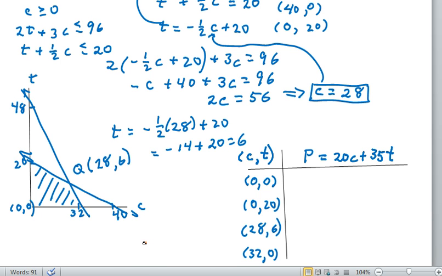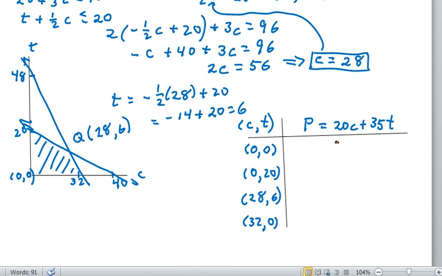So at 0, 0, there would be no profit at all. At 0, 20, the profit would be $700. At 28, 6, I've computed the profit to be $770, and at 32, 0, the profit would be $640.